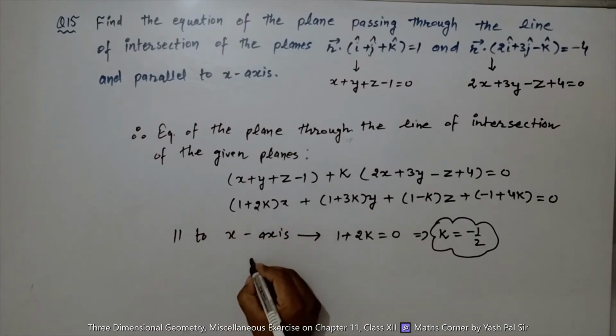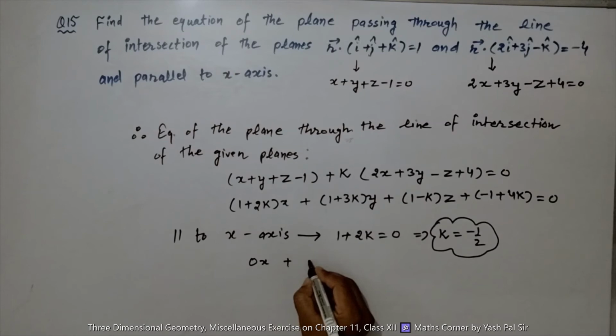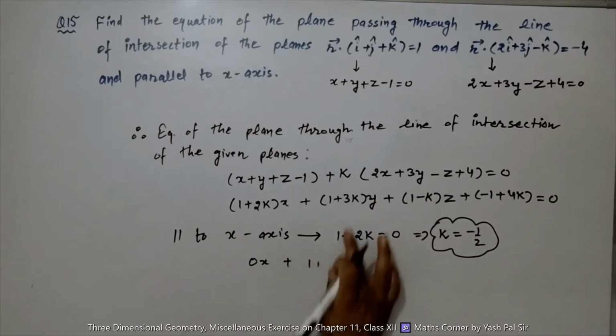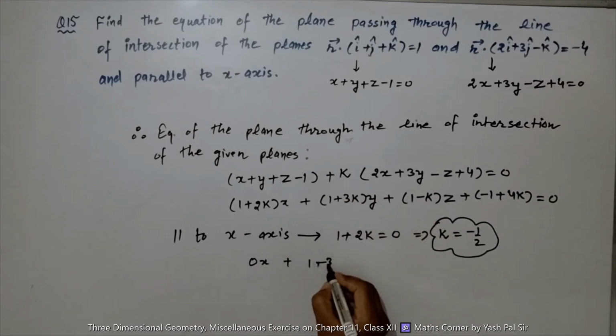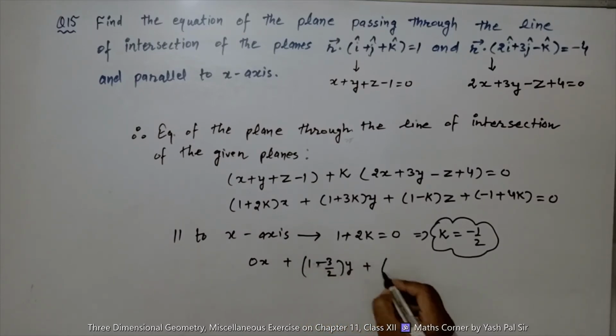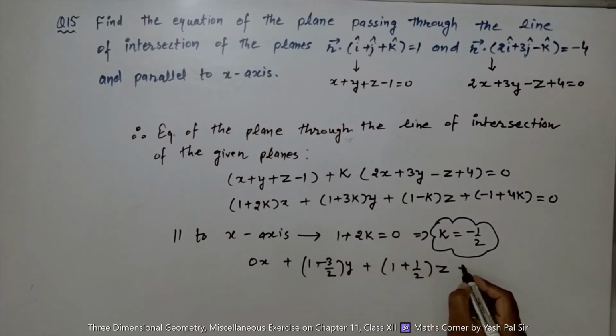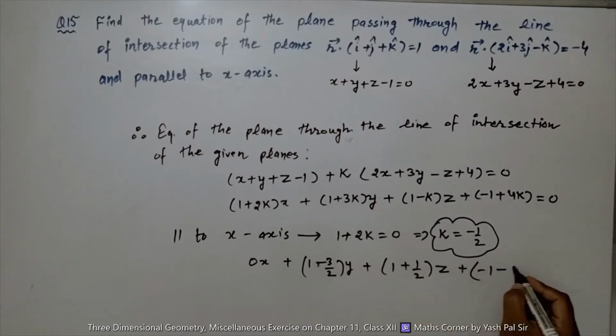So this becomes 0x plus 1 minus 3 upon 2 y plus 1 plus 1 upon 2 z plus minus 1 minus 4 upon 2, that is minus 2, equal to 0.